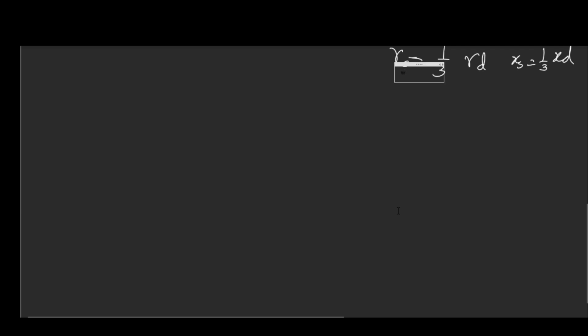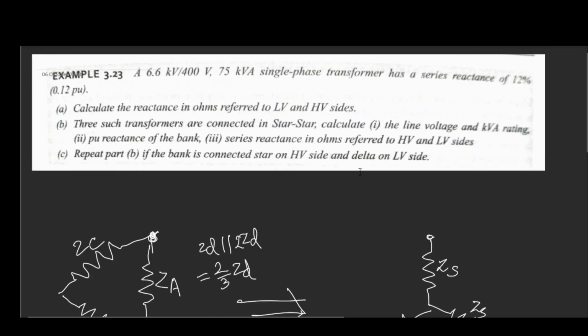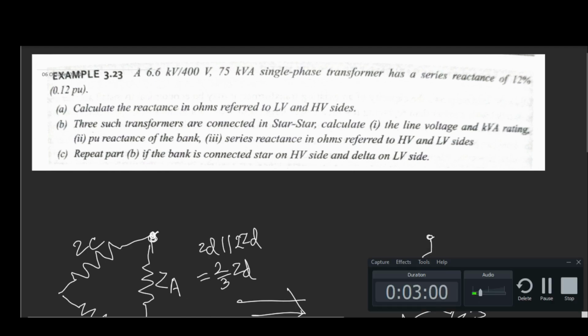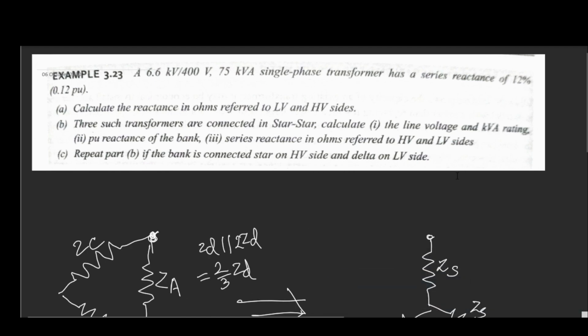Right, now what is the problem? Let us read the problem once again. A 6.64 kV by 400 volt 75 kVA transformer has a series resistance of 12%. We have to calculate the reactance in ohms referred to LV and HV sides. We can drop this first part because that is of no use. 3 such transformers are connected in star-star.